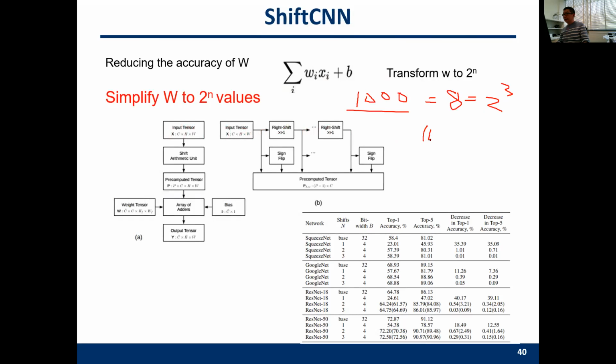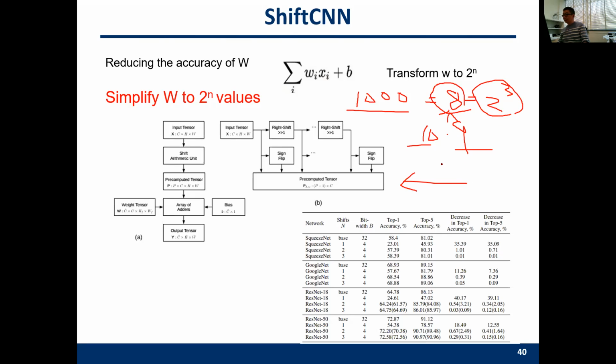If your weight is 10 or 9, you can convert your weight to 8. If you have a 10 or 9 as your weight, you have to do a multiplication. If you take 8 as your weight, instead of multiplication, you can use a shift to compute the multiplication. Multiplying by 8 is equivalent to a 3-bit shift.